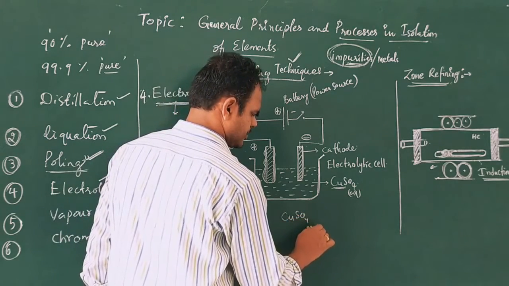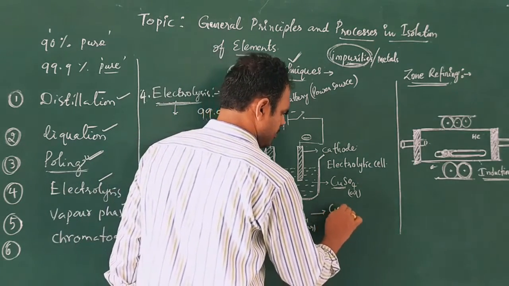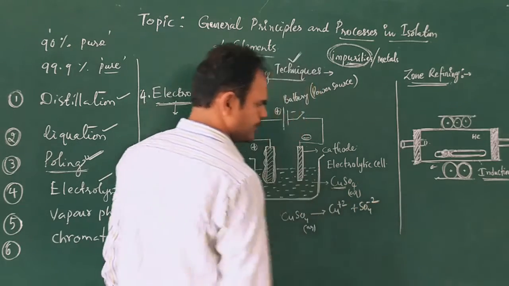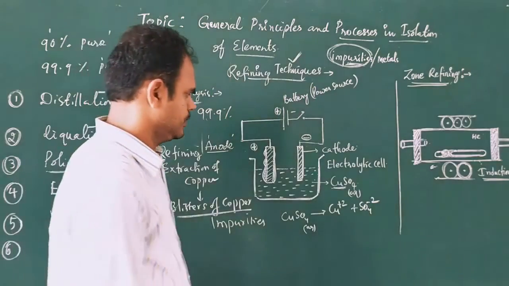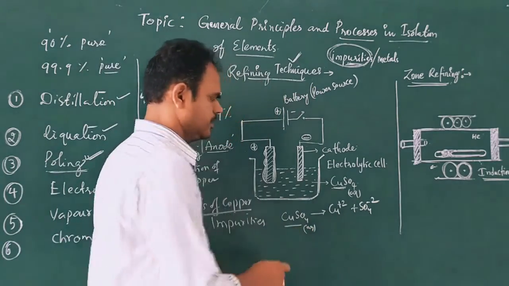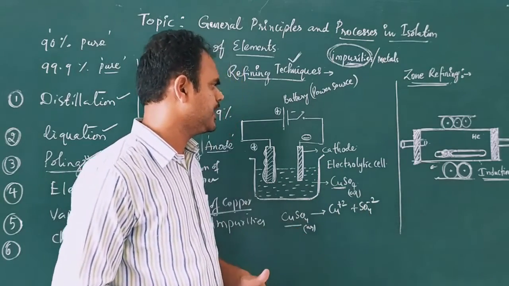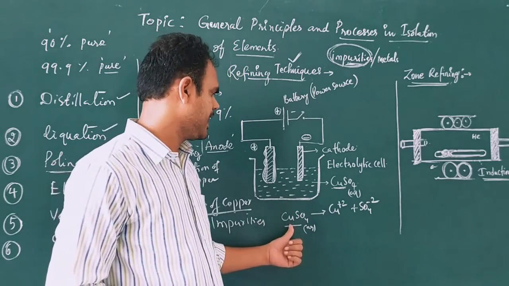Copper sulfate solution will break up into Cu2+ ions and sulfate 2- ions. So a decomposition reaction will happen.